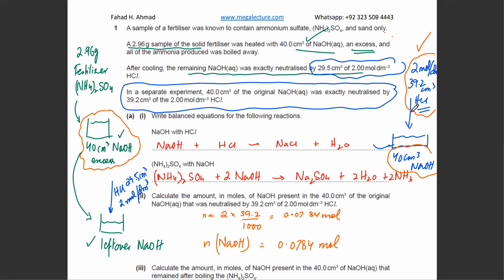So I found the moles of HCl, and I was able to find the moles of NaOH. So the moles of NaOH over here are coming out to be 0.0784 moles, which means the original NaOH was 0.0784 moles.